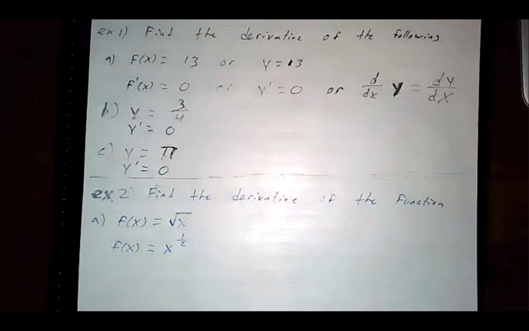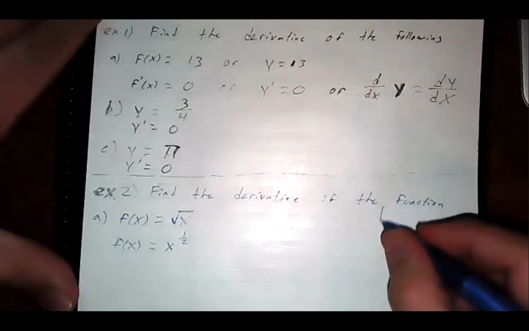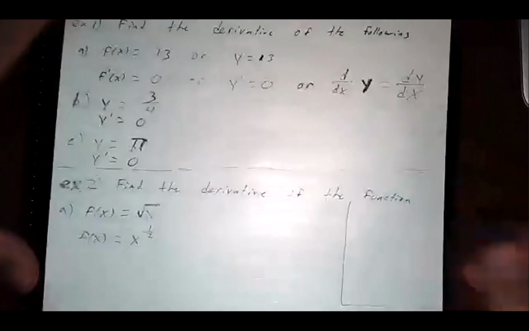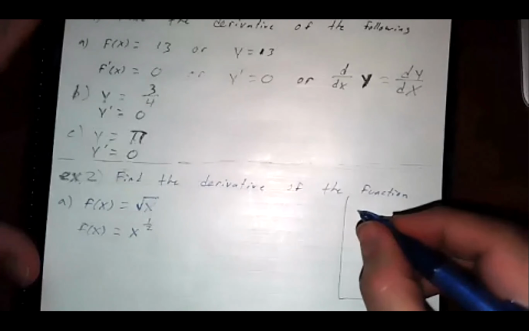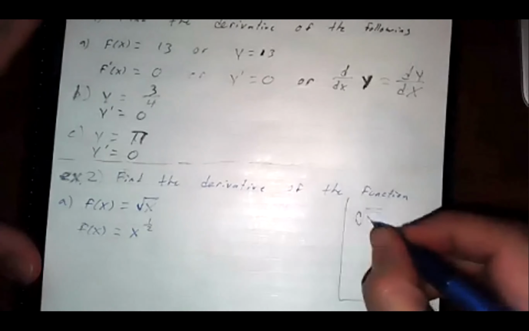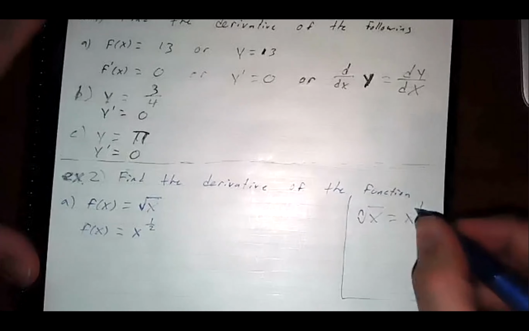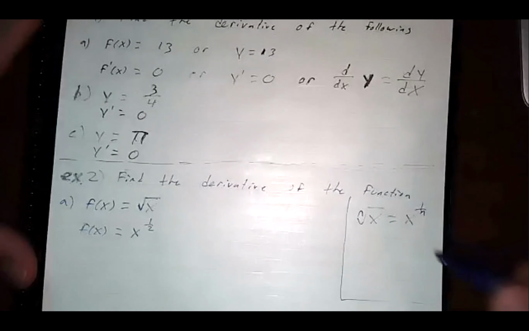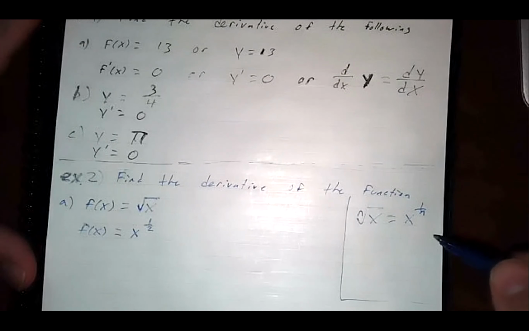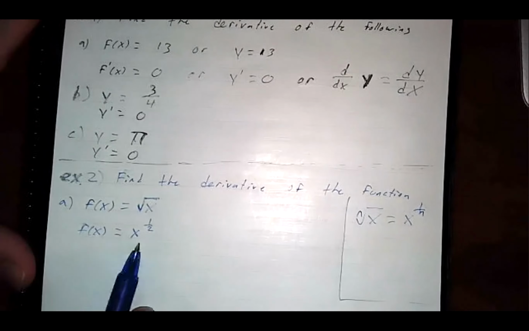Let me rewrite the rule just in case you forgot. If you have the nth root of x, that can be rewritten as x to the 1/n. Doesn't matter what number it is or what root it is. If it's a cube root, 6th root, you just do 1 over that number. That's where this came from.